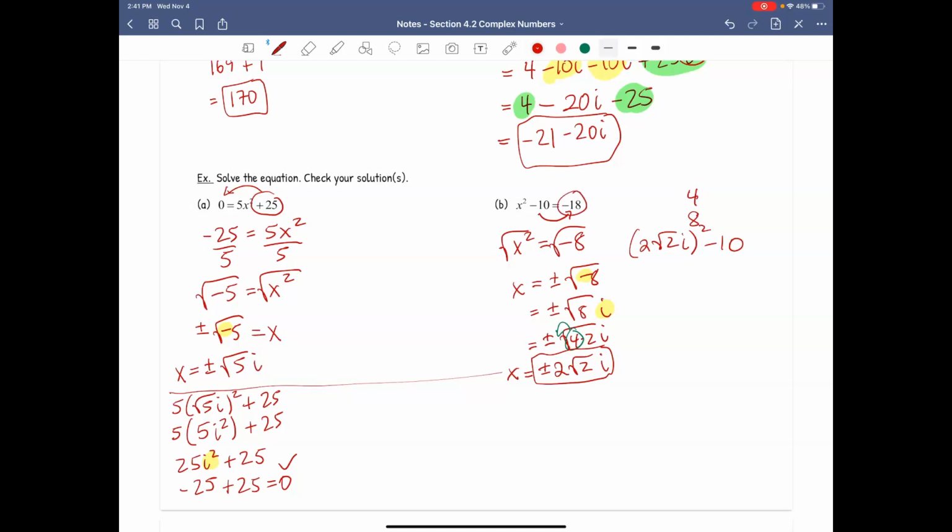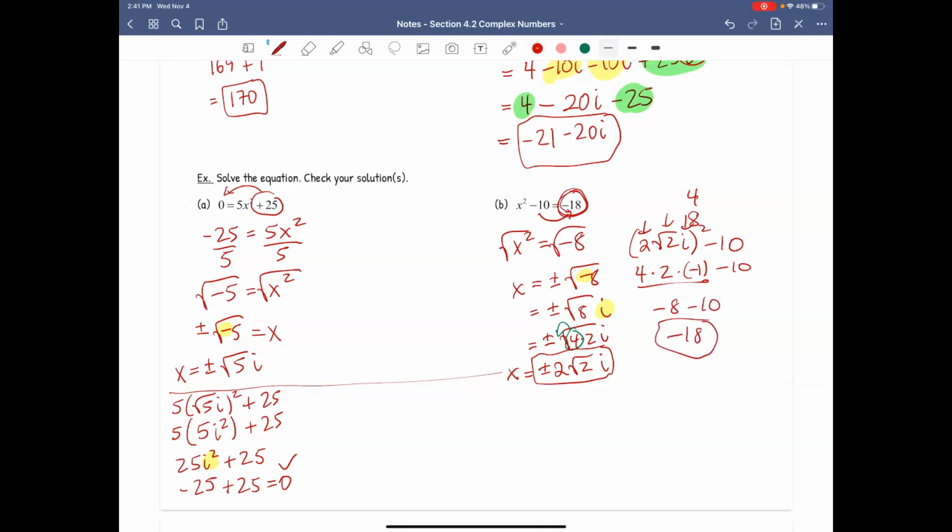So when we do 2 times square root of 2i times itself, 2 times itself gives me 4, root 2 times itself is 2, and i times itself is i squared, which I'm going to go ahead and write as negative 1. And then don't forget to bring down the minus 10. And so what we end up getting in this term is 4 times 2 times negative 1, which is negative 8, minus 10, which gives me negative 18.